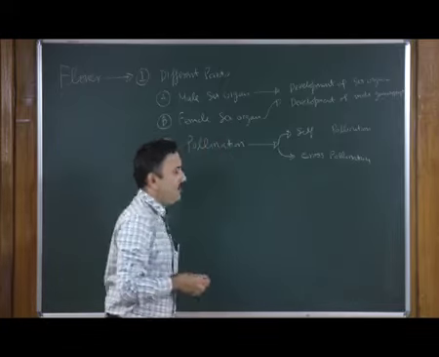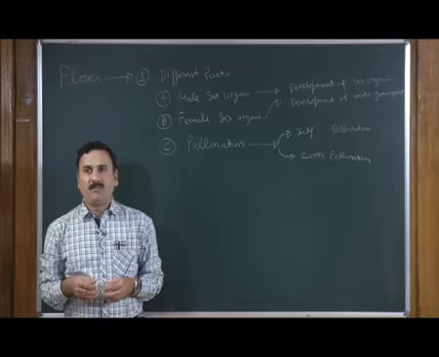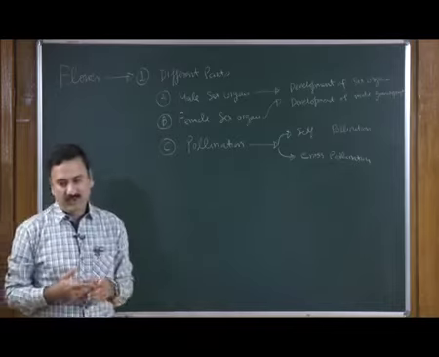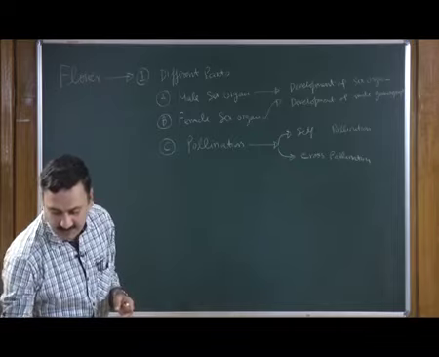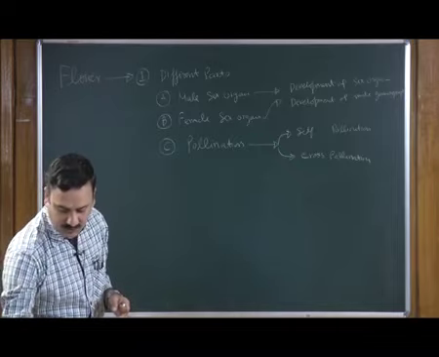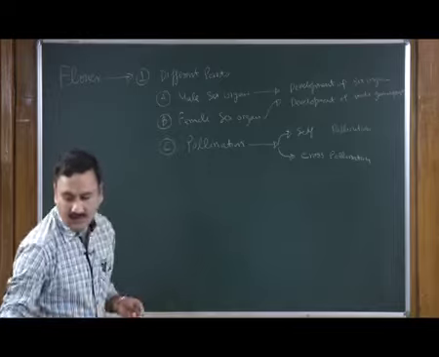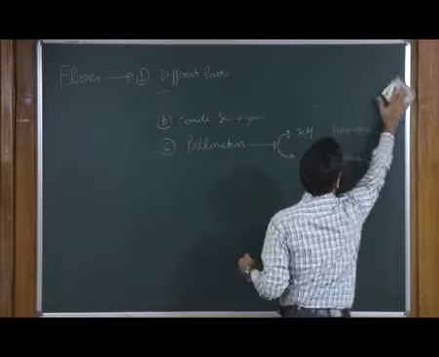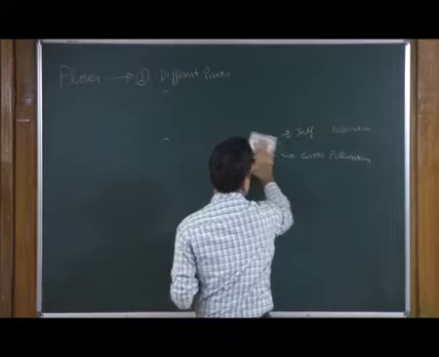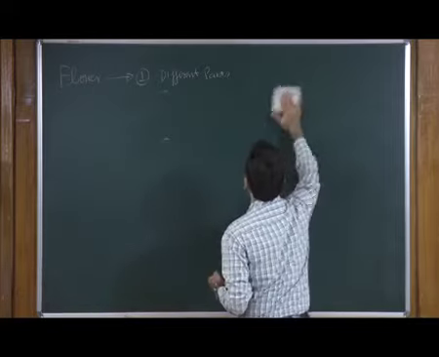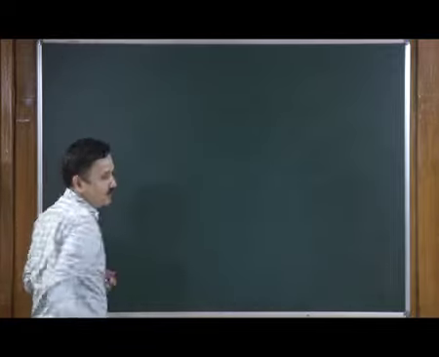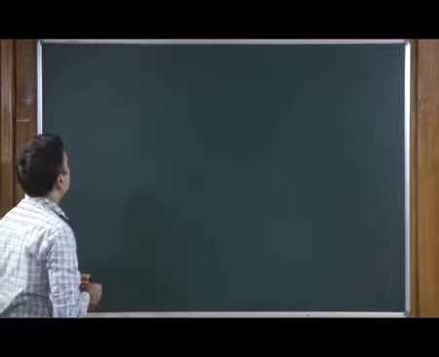So, today we are going to start with this. In an event of sexual reproduction, the male sex organ forms the male gametes, and the female sex organ develops the female gametes, and then these two gametes come together.